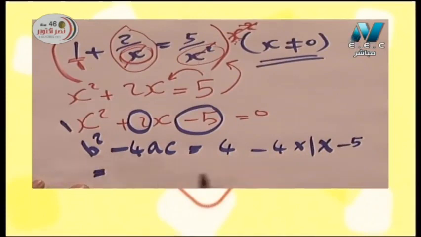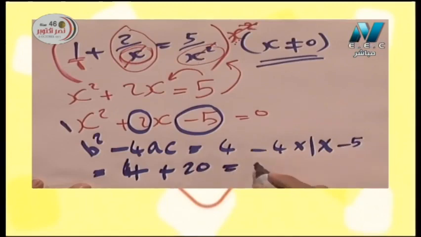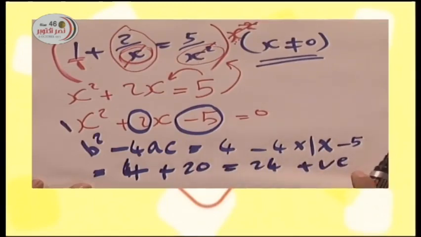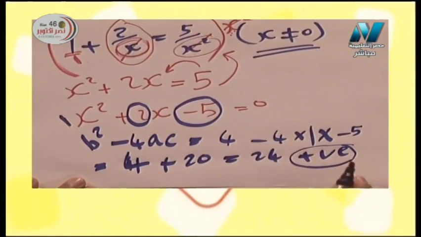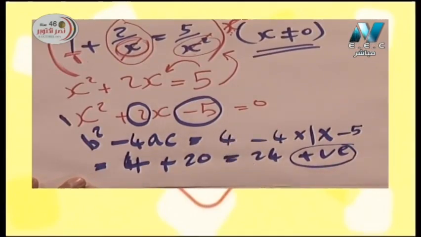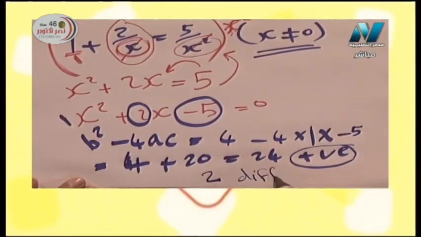The final answer will be 4 plus 20, which is 24, a positive number. And if we have a positive number, we know that this equation has two different real roots.